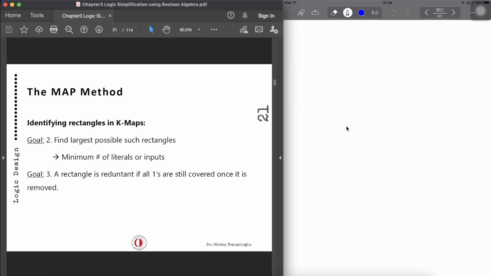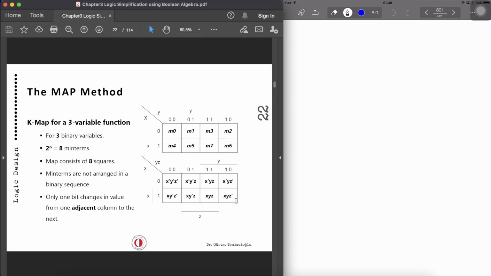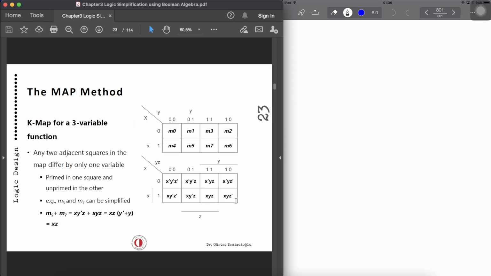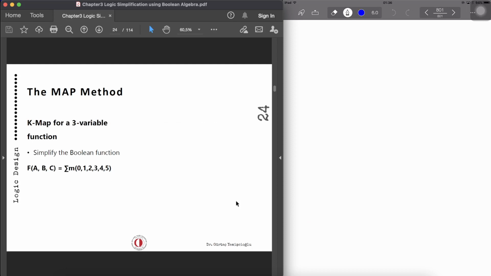Okay, let's see the first example. Simplify the Boolean function ABC. We have got 0, 1, 2, 3, 4, 5. Okay, I'm not going to write the question. I will directly go to the K-map. I need 8 squares.